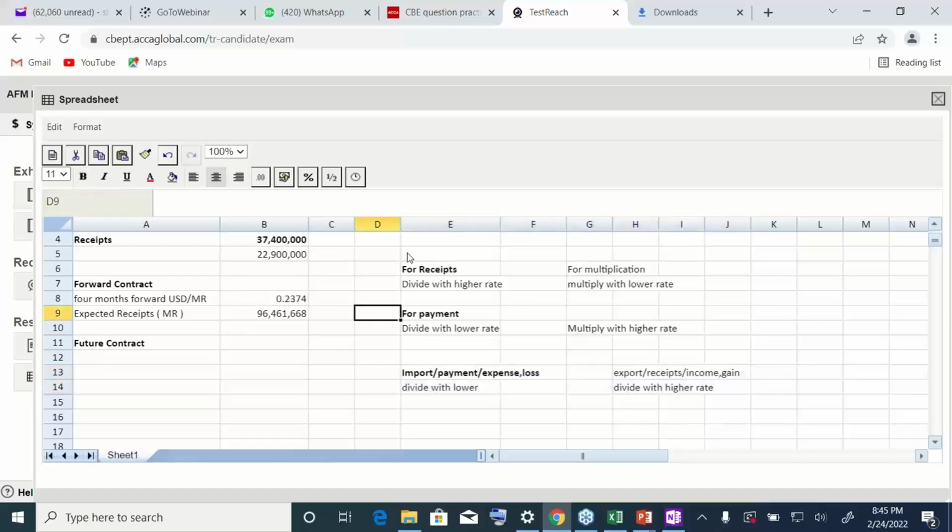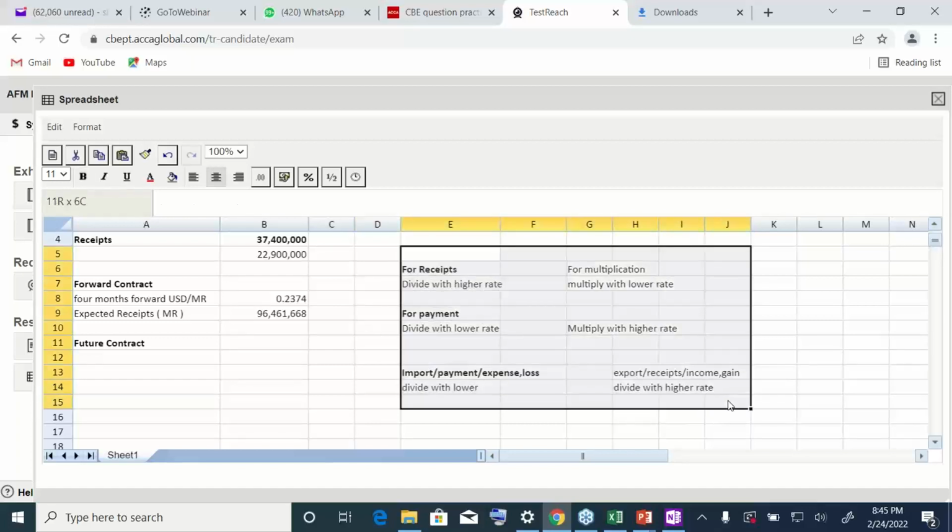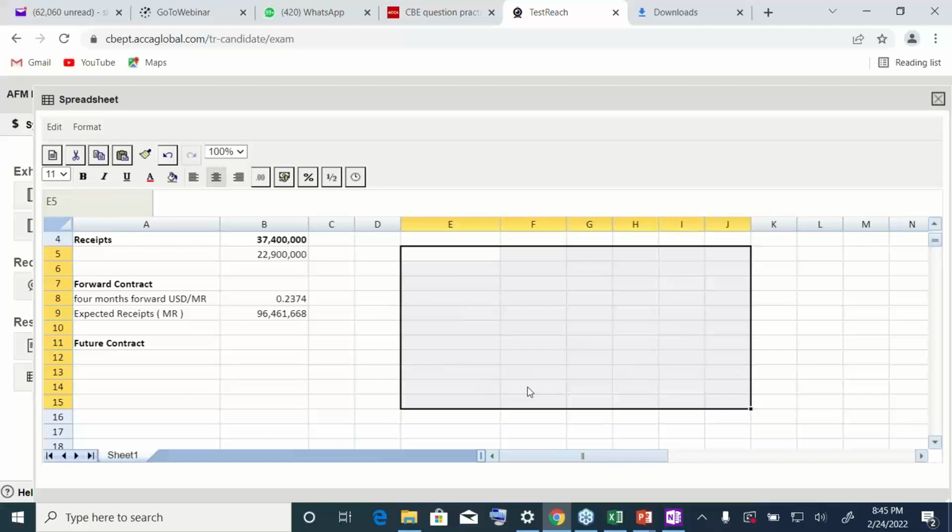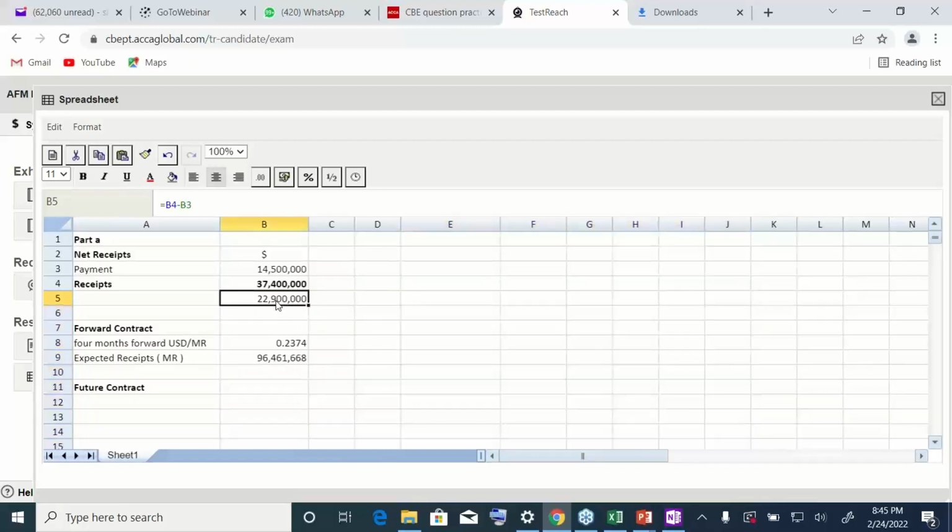So guys, if you want to take the screenshot, please take. This is the case of receipt. By the way, this is net receipt.